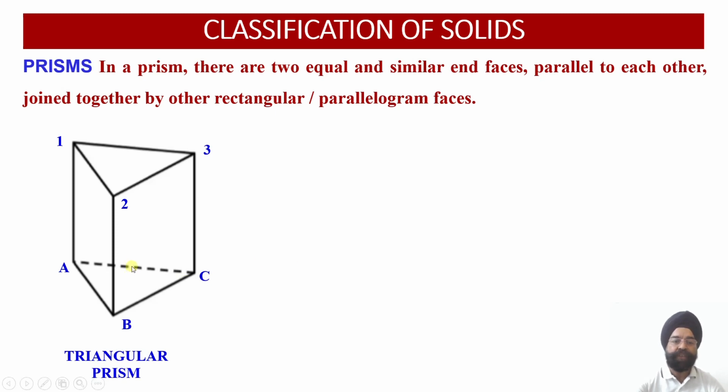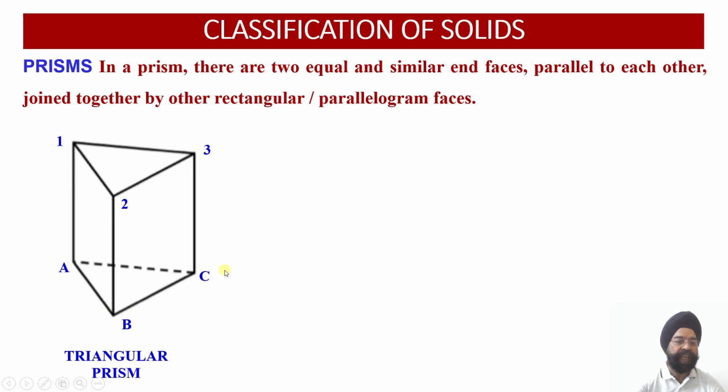So for every solid, we need to understand the basics of how we evaluate the axis of the solid. If it is a triangular solid, the first thing we have understood is the naming. The base you can name as 1, 2, 3 or ABC, and the top you can name as 1, 2, 3 or ABC.